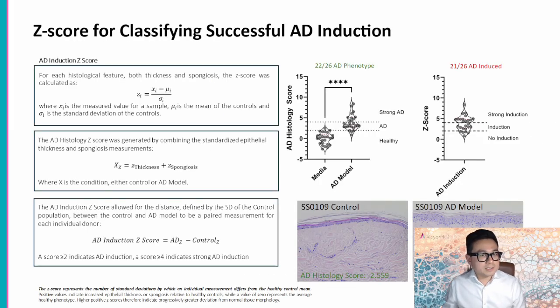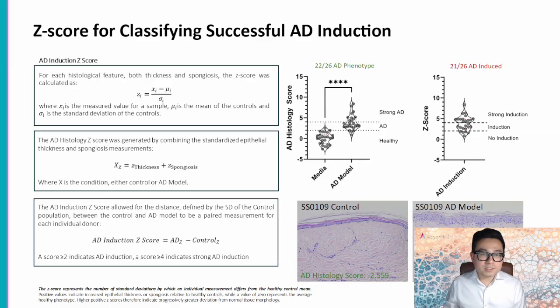What is the AD induction Z-score? For each histological feature, thickness and spongiosis, the Z-score can be calculated as the measured value for a sample minus the mean of the controls, divided by the standard deviation of the controls.